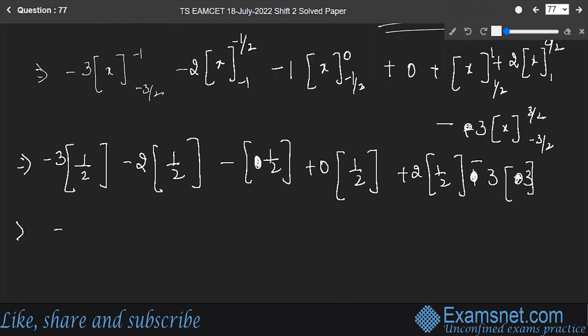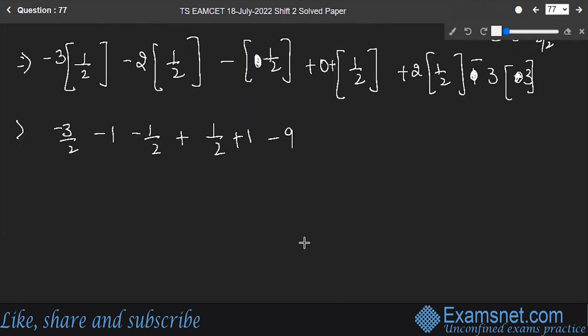All right, so this is minus 3 by 2, minus 1 by 2, plus 0, plus 1 by 2, plus 1, minus 9. These two will cancel and this will cancel with this. You will be having minus 3 by 2 minus 9. So this is going to give me minus 18, minus 21 by 2.